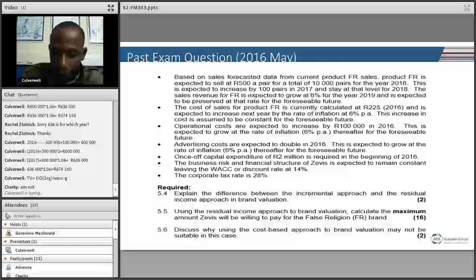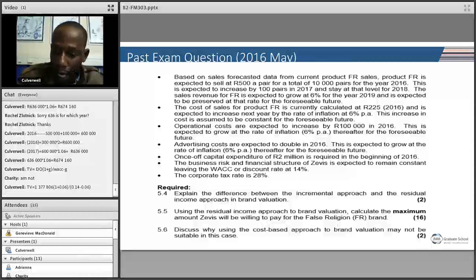So if I'm using the question paper, I would have said my TV is equal to 1,377,806, growing at what rate? 1.06, 1 plus 0.06, close bracket, divided by your WACC, which is 14%. I can just open a bracket and say 0.14 minus your growth rate 0.06, close bracket.